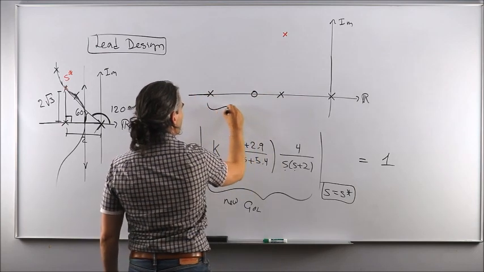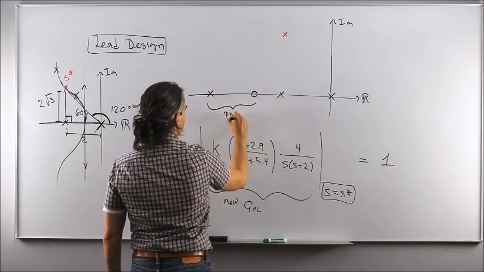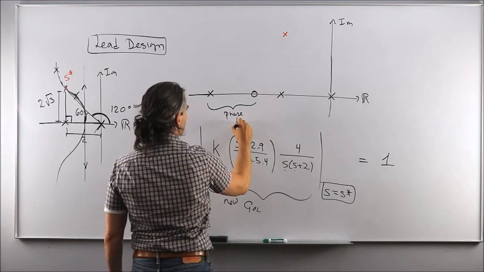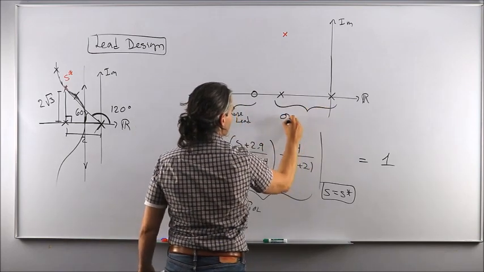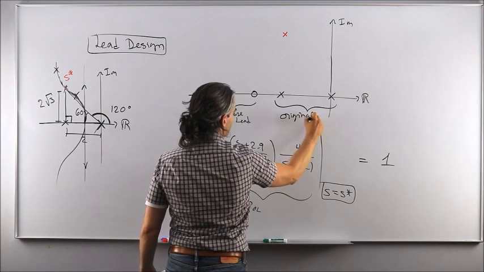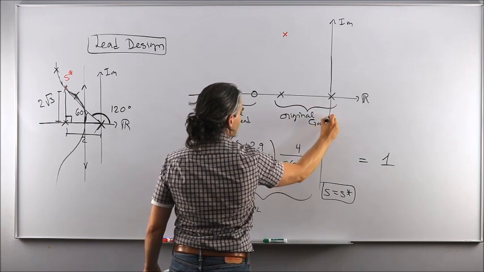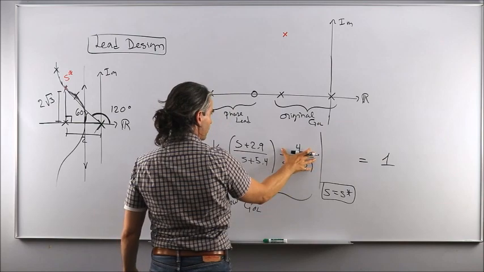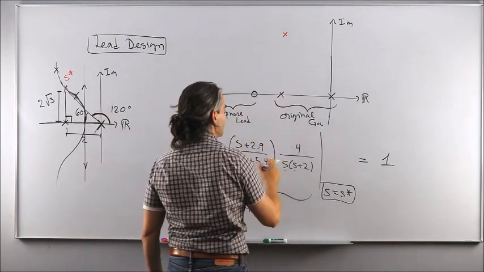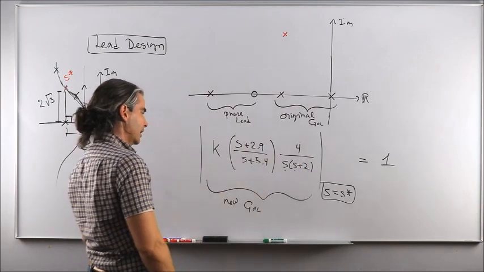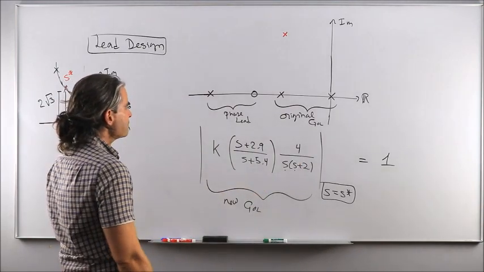So this is the compensator's contribution, phase lead. Whereas that was the original G open loop, right? Original G open loop, compensator's contribution. You map out everything you have in the open loop transfer function like that, the new open loop, okay?